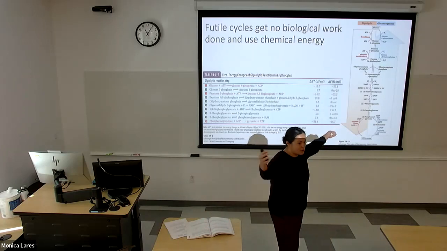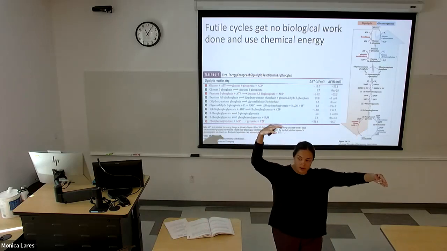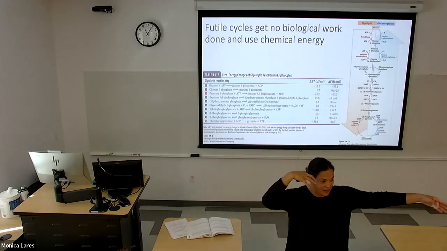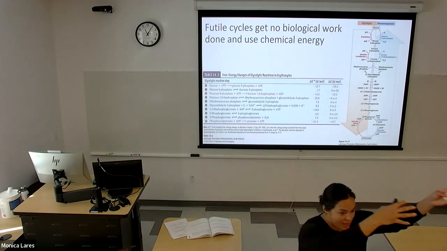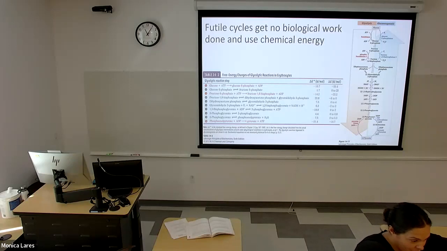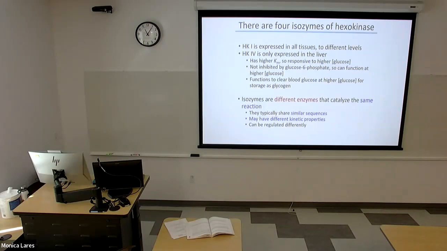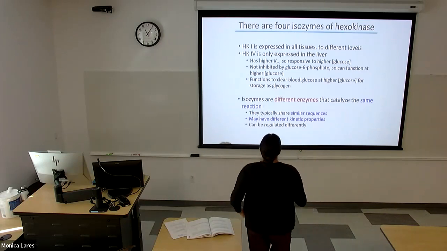Remember, it's this big, huge enzyme. Glucose comes and binds the active site and it gets phosphorylated and you get glucose 6-phosphate. So glucose 6-phosphate is the product of hexokinase, right? We've got reactants on the left, products on the right. So what this is saying is that glucose 6-phosphate doesn't inhibit the enzyme that catalyzes this reaction, okay?